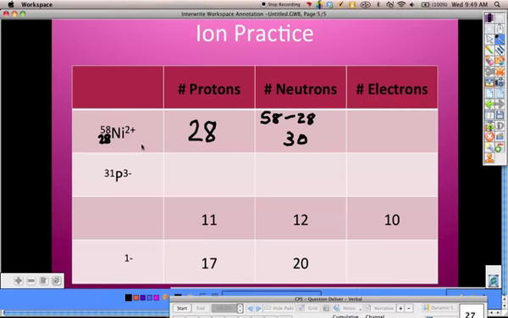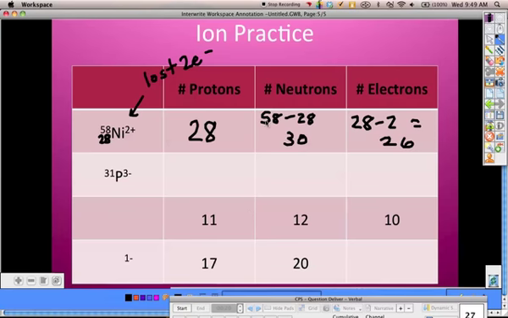Now, my electrons, if I have a positive 2 charge, it means that I have lost 2 electrons. So I take 28 minus 2, and I get 26 electrons.